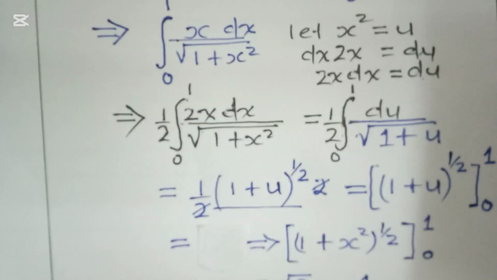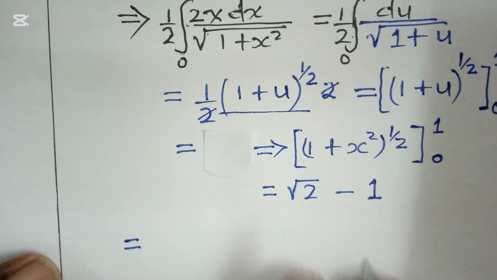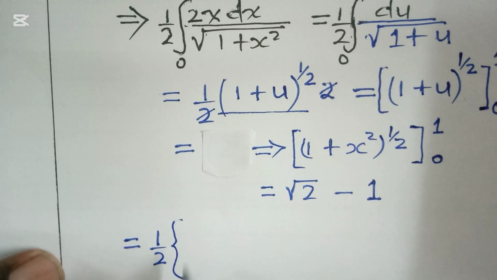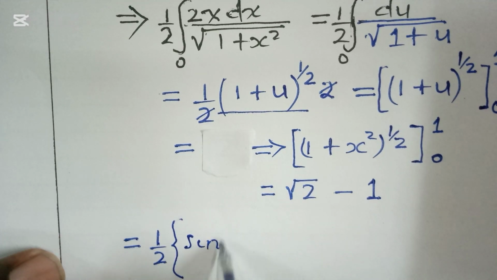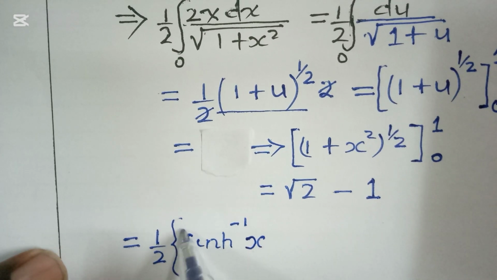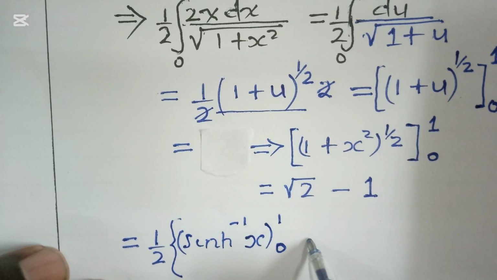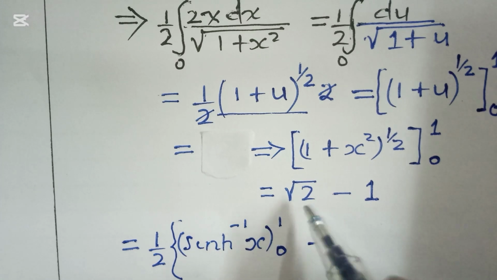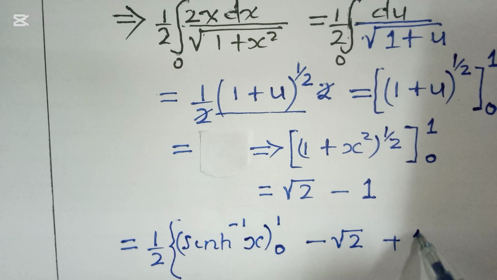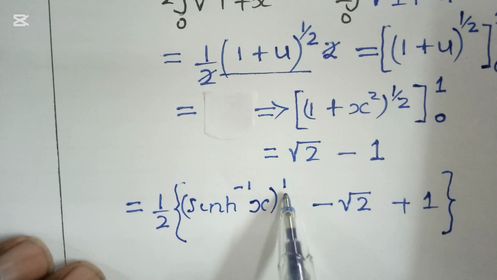So our equation is going to be equal to a half, then we can put that bracket, sine hyperbolic inverse x, limits being 0 to 1, minus, guys, this is now going to be square root of 2 plus 1, like that.